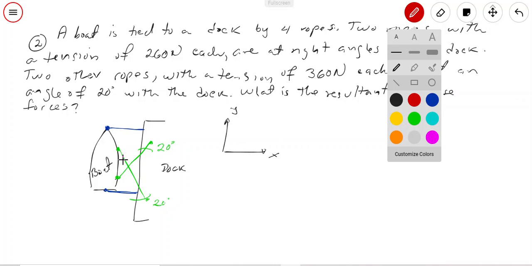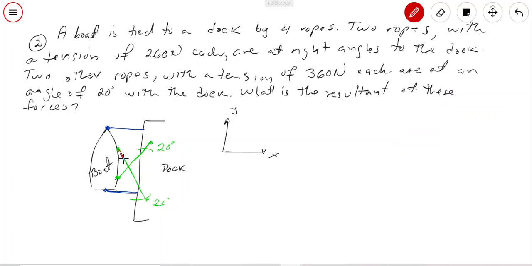If we analyze the forces, we're going to have a force of tension acting in this form in that rope, another force acting here, another force acting in this form, and another force acting in this other form. Let us call these forces F1, F2, F3, and F4.